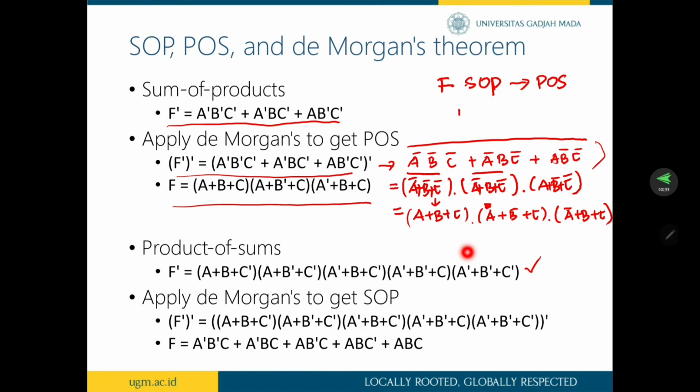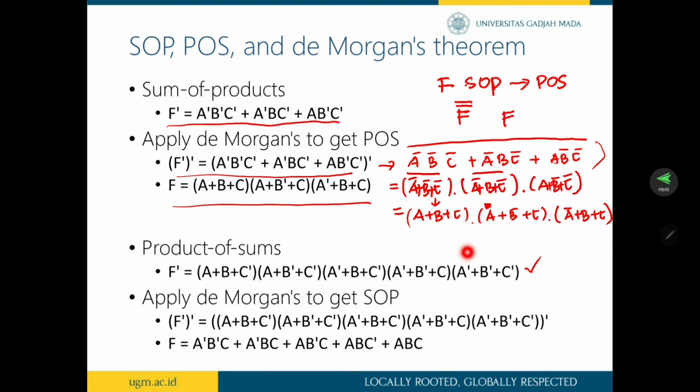we can do F with twice not. Or we can say that to convert from SOP to POS, or POS to sum of product, we complement twice.